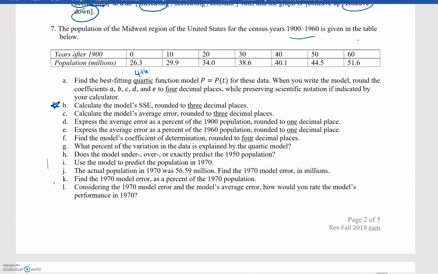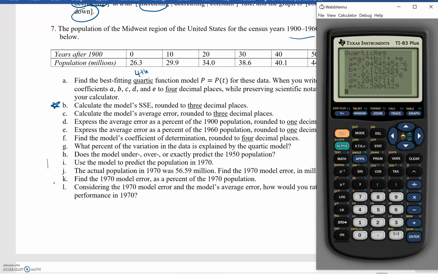All right, so part B, let's go ahead and find the SSE of this. That would be second list, math, sum, second list resid squared. So our SSE is 0.9906.